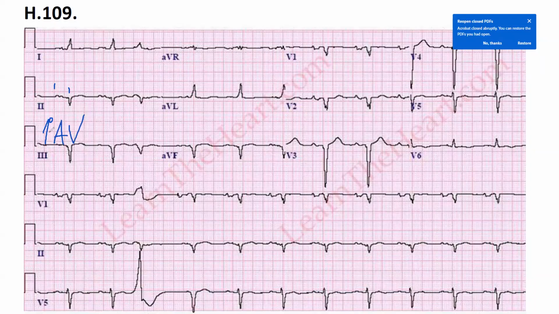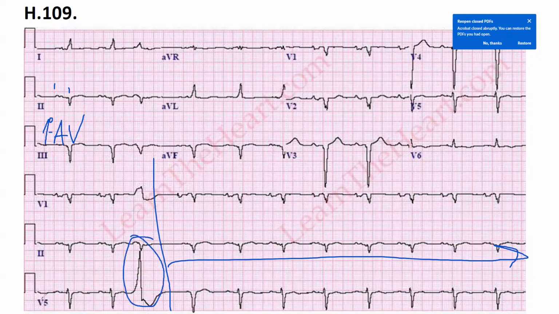First degree. Look, first degree means every P is followed by a QRS. Look at this portion. Yes, this exception is for the other one, but that's a premature beat. Right. And by looking at the normal part of the ECG, you can see that everywhere you have a P followed by a QRS, the PR is longer.